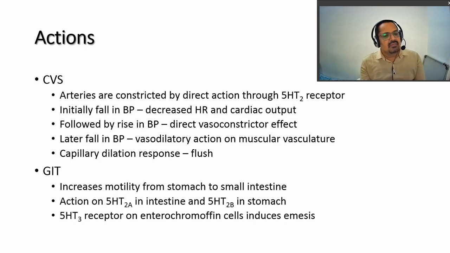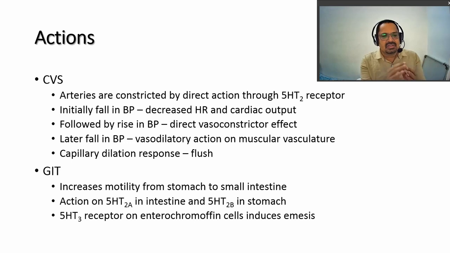Furthermore, there is also a fall in blood pressure due to vasodilation action on the muscular vasculature. Depending upon its action on muscular vasculature, it causes vasodilation. So it depends upon where this serotonin is secreted. It is secreted in a particular region and gives a localized action. If it is secreted in the region of the heart, it will lead to a fall in blood pressure.